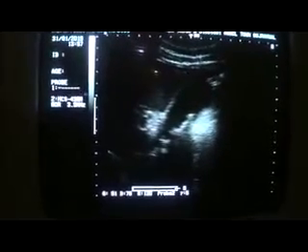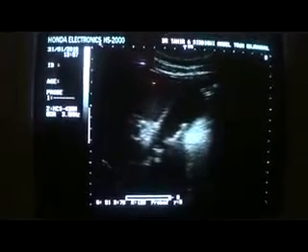And my scanning plan is: patient in left lateral decubitus posture, place the probe here, and then here. This is my subcostal region, and I am with the intercostal space, but now below the costal margin here.